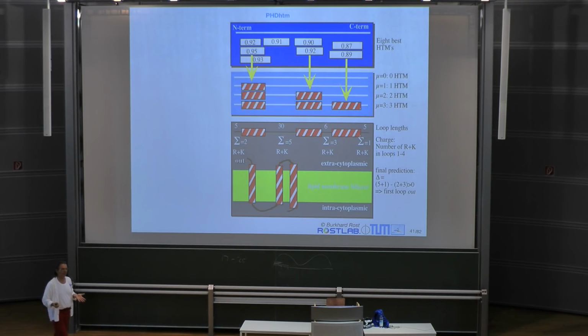Could you please explain once again why we have 3, then 2, then 1? We get to the model here with 1 transmembrane helix as the best one, and everybody's okay with that.